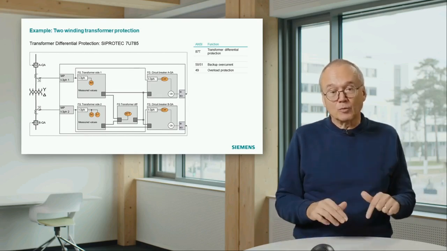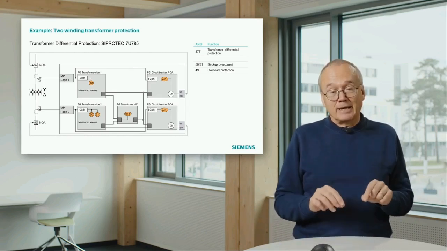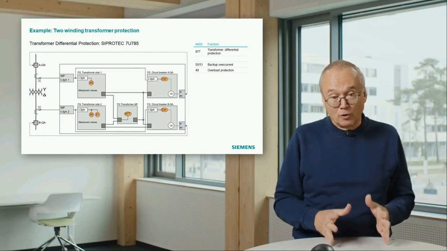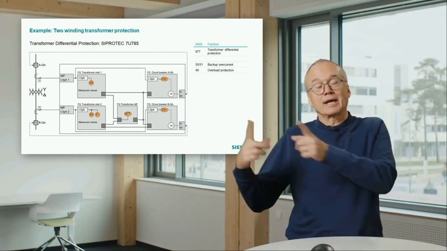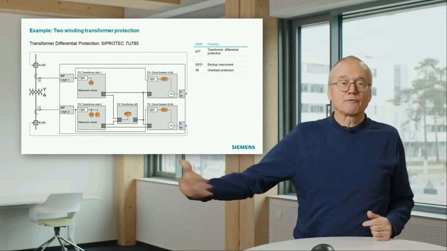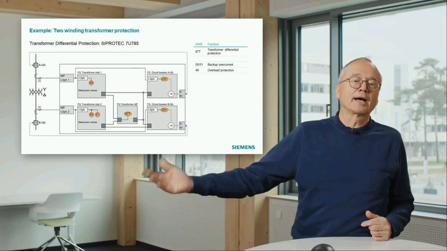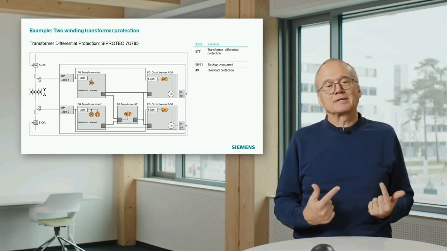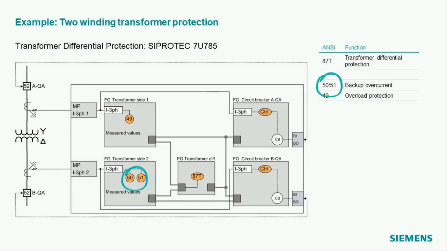That means if we want to have a backup protection in a transformer protection relay, which reacts if there is a fault on the next line where the protection fails, we must install separate functions for that, and this is in this case the backup overcurrent, 50 and 51.